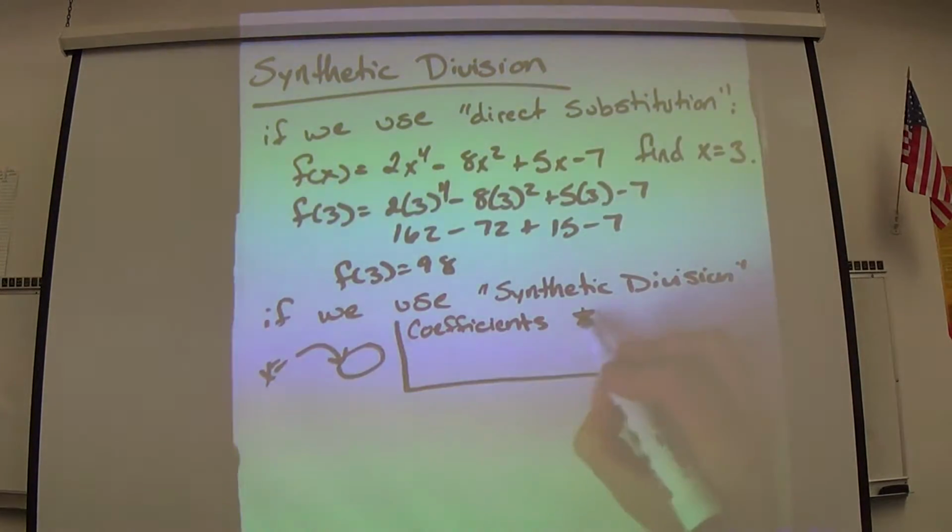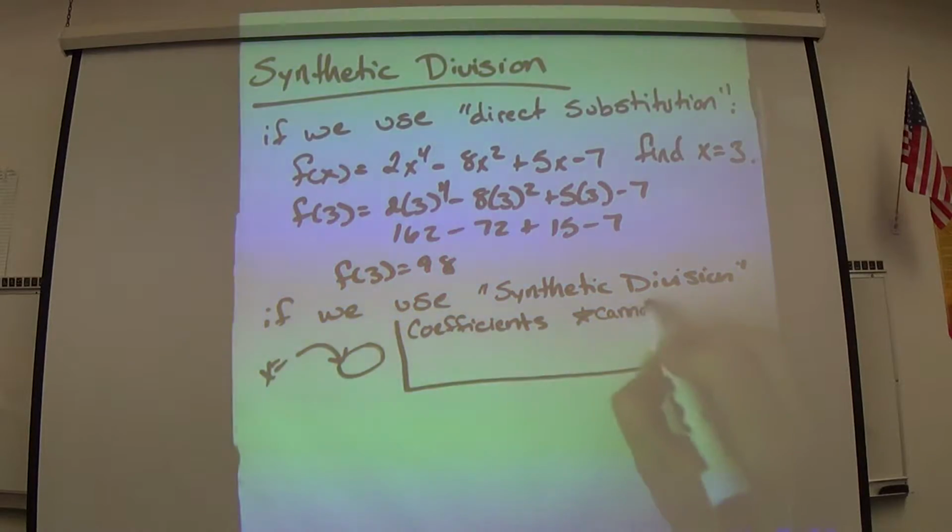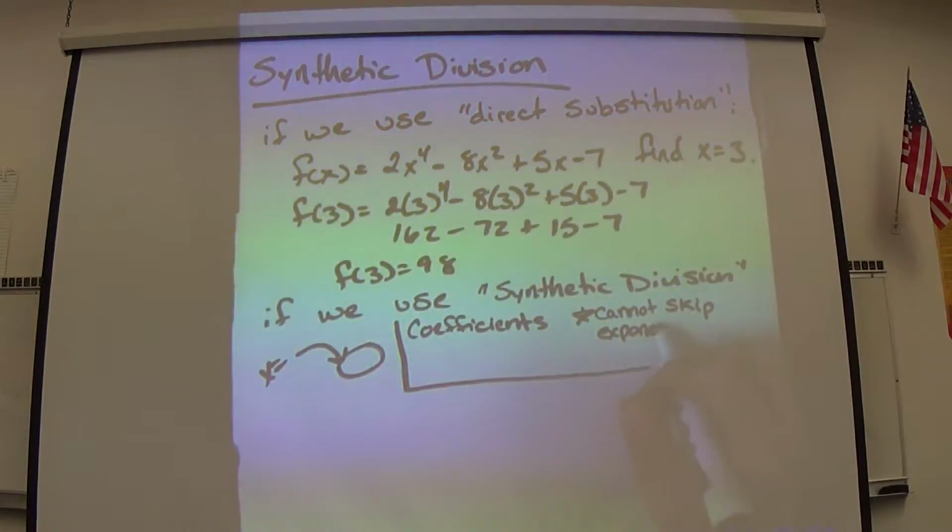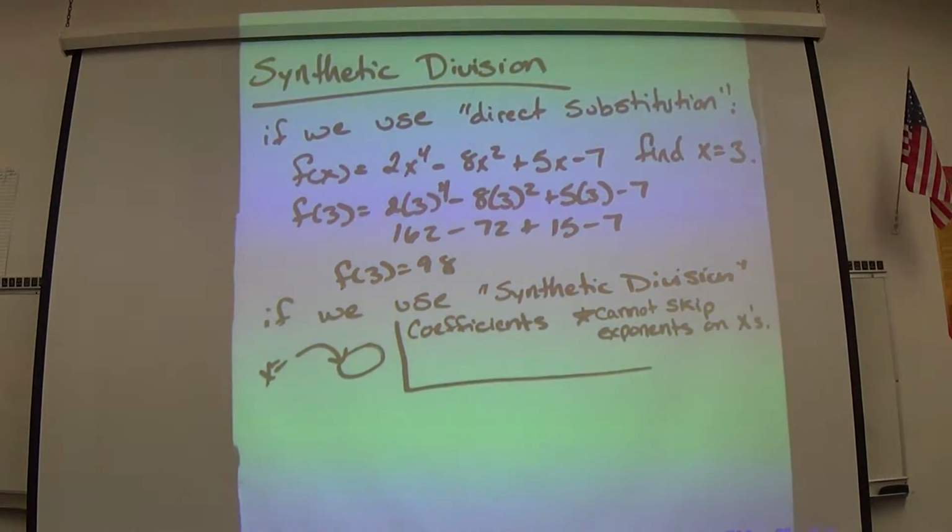but you cannot skip exponents on the x's. In other words, if I go x to the 5th, I better have x to the 5th, x to the 4th, x to the 3rd, x squared, x, and then no x. You have to go all the way down. You can't skip anything at all.